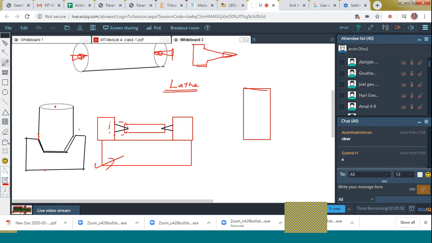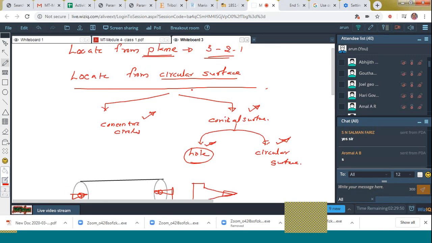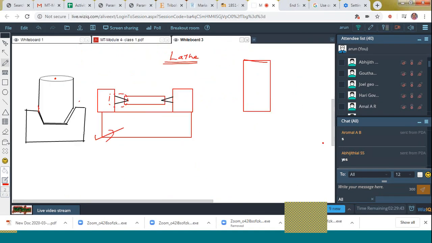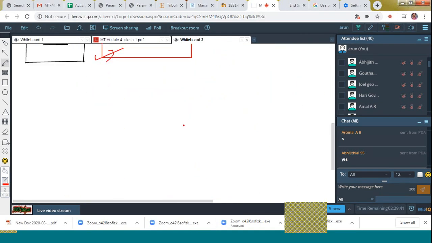One more method is also there to lock this one, that is by means of V locators. You might have seen the V block in the workshop. Have you noticed it? An item like this.